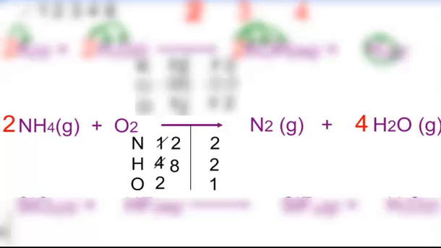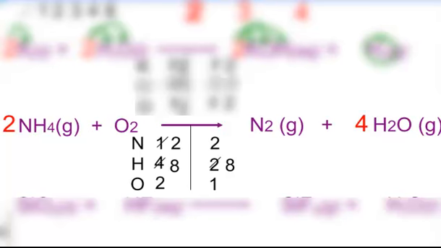So let's just go ahead and round it up, let's go all the way up to 4 for our coefficient. So we're going to look at our chart, cancel out our H. We're going to put 8 down because 4 times the 2 will give us a total of 8.